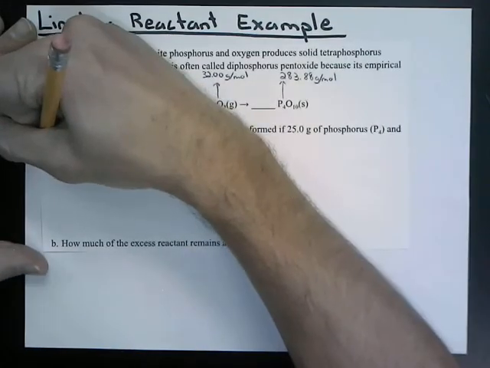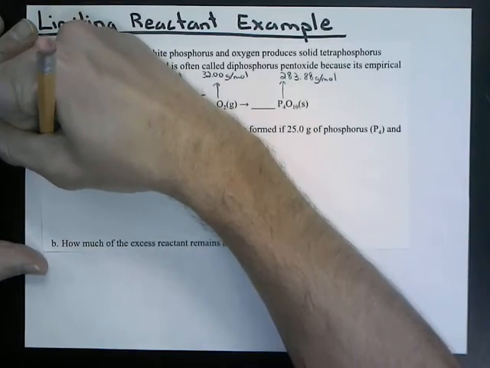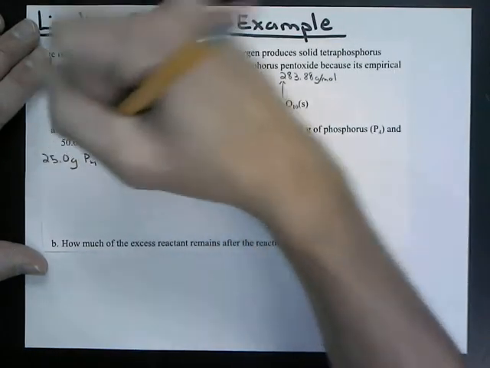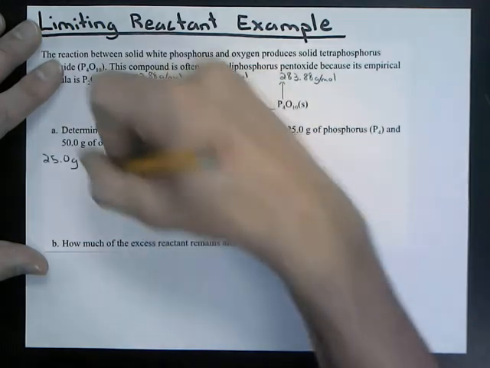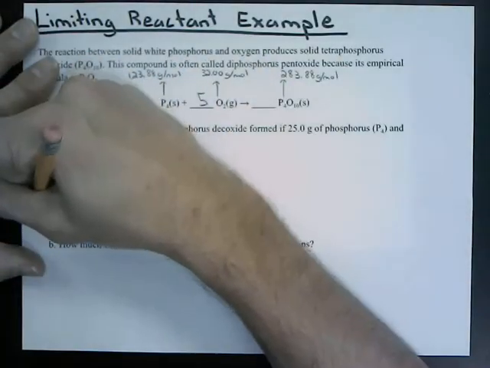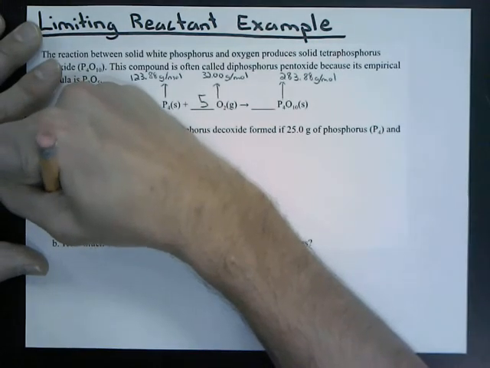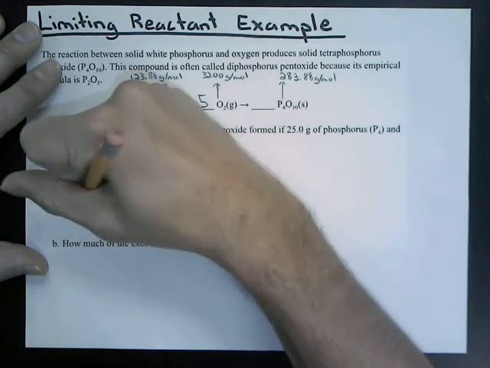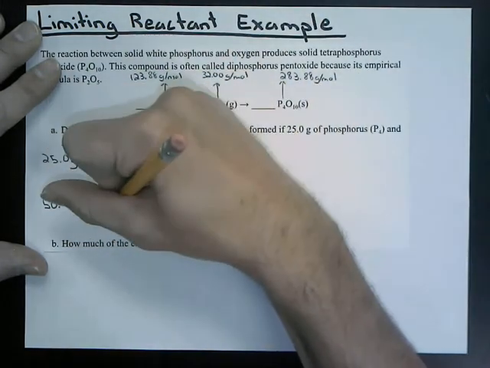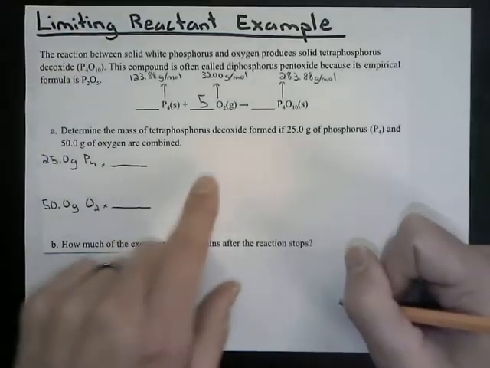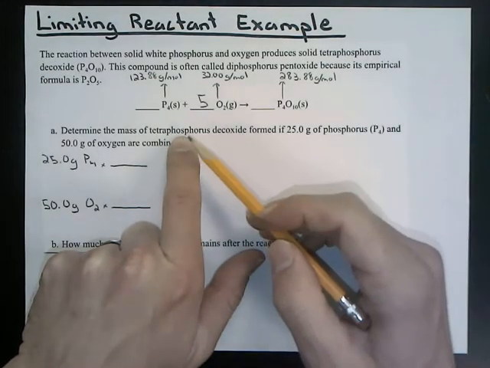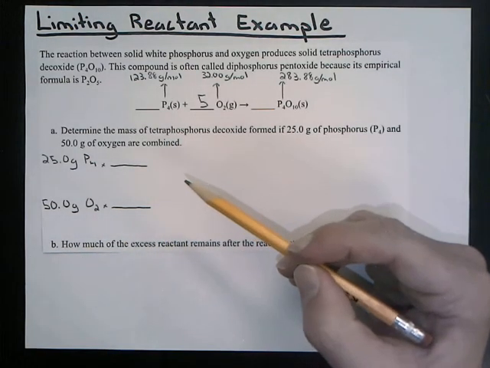So we have 25.0 grams of phosphorus, P4, and we also have 50 grams of oxygen, O2. Now we need to convert to the mass of our product. So we're going to eventually get to grams of tetraphosphorus decoxide.